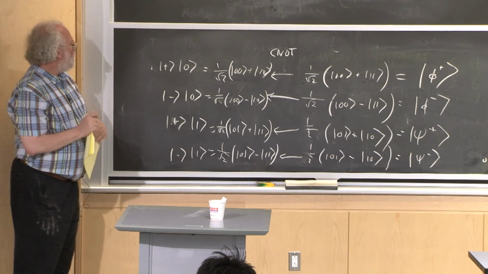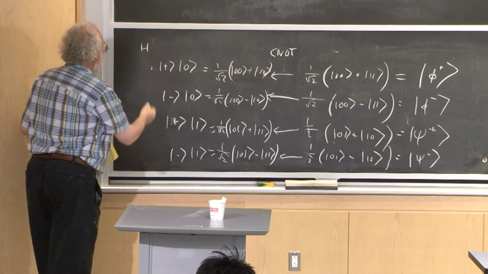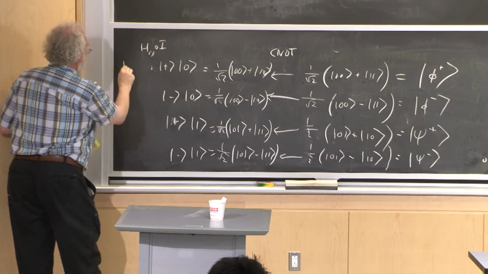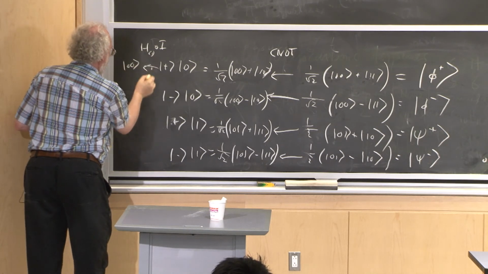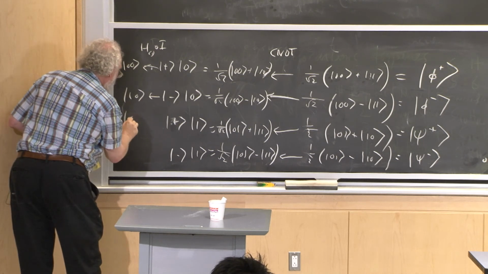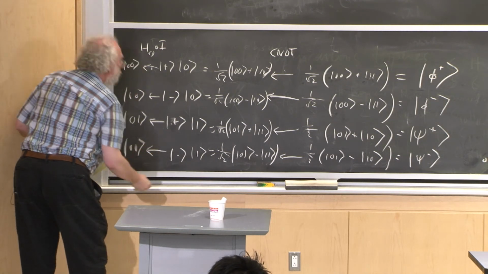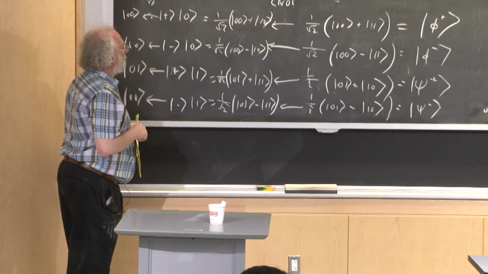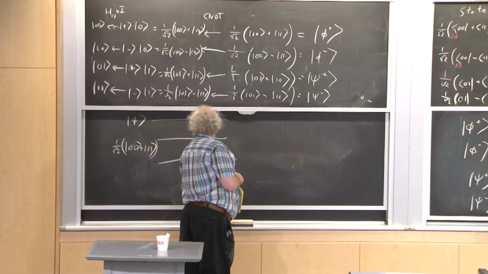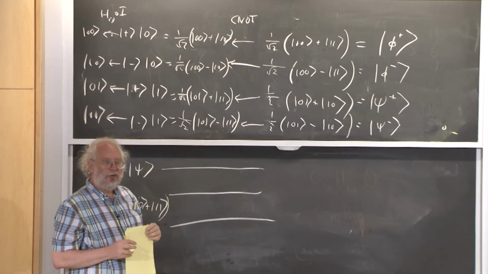And now what we want to do is put these in something that looks like the standard basis. And you can see that if you do a Hadamard to the first qubit and nothing to the second, this becomes 0, 0. This becomes 1, 0. This becomes 0, 1. And this becomes 1, 1. So how do we do this measurement?